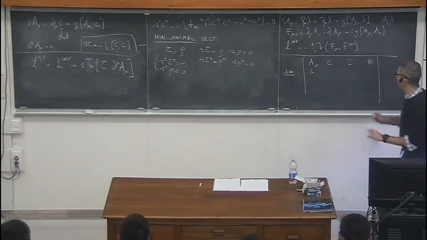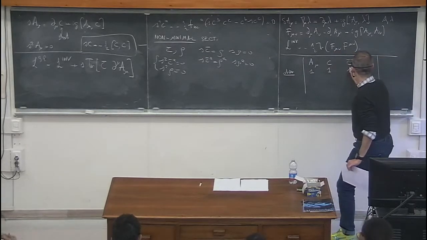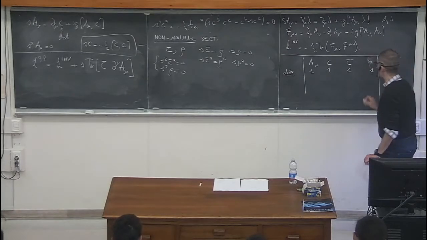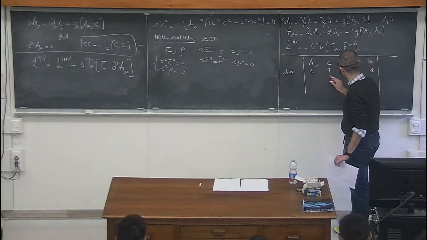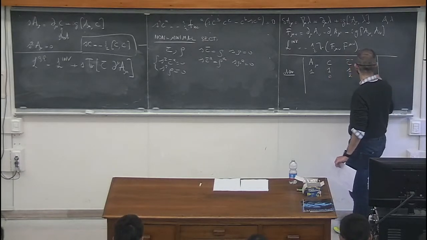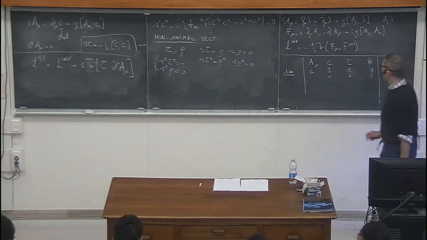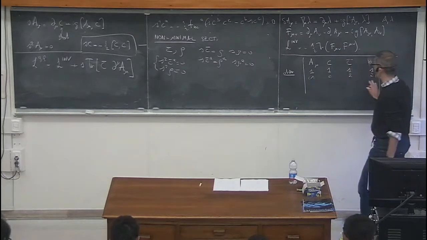For the moment I'll keep it dimension 1, this one, and also dimension 1, this one, and this also has dimension 1. As I said, here I can also give dimension 0, and dimension 2 to this one. This is another choice you can make.